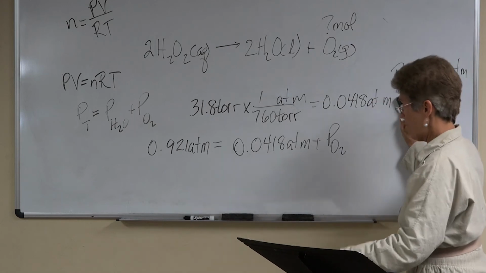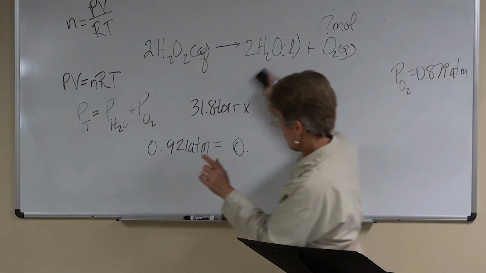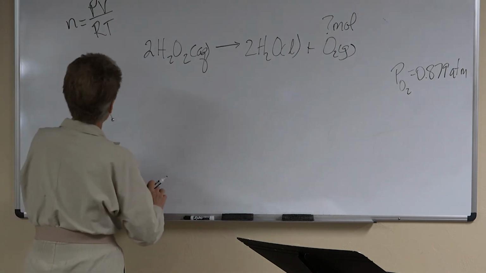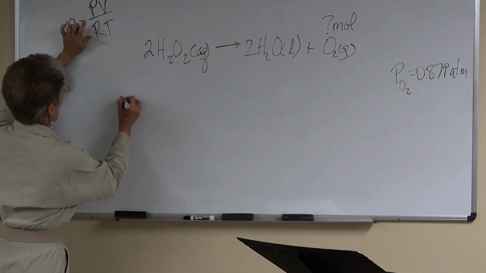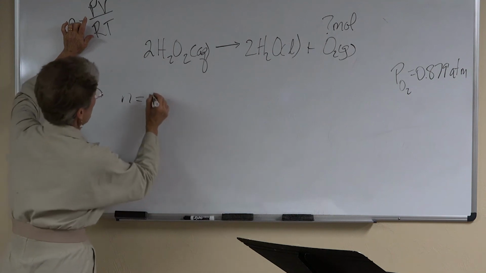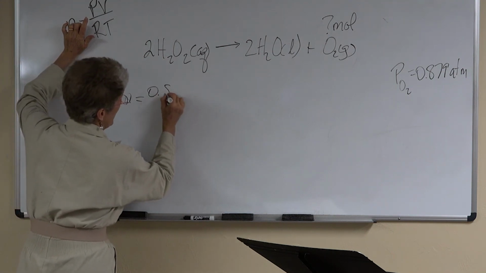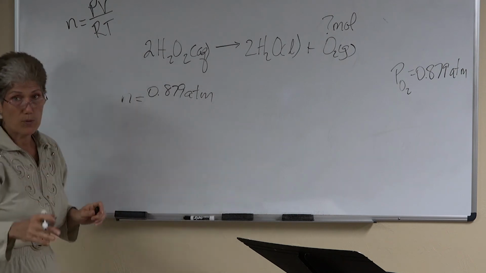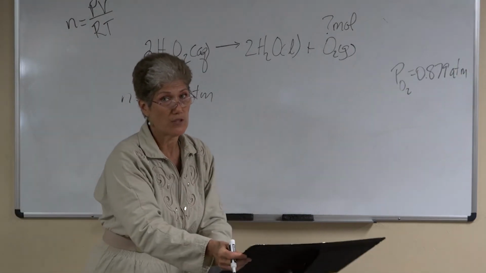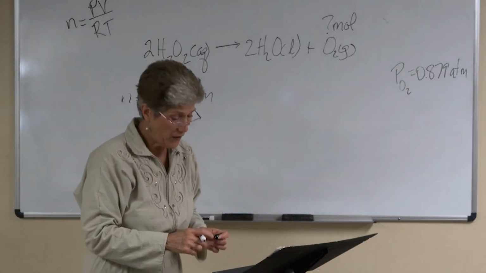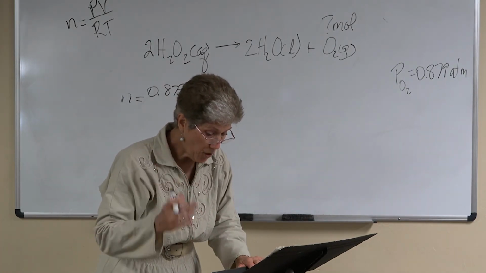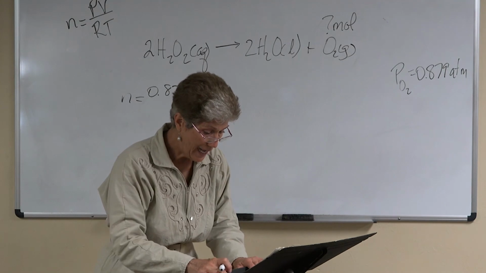Now, we've got the partial pressure of the oxygen, so we can come back over here and start plugging in. So n equals, P for the oxygen is 0.879 atmospheres. See, if you just put in what was given, that was the total pressure, including the water vapor pressure, and that's why you couldn't just stick that in. You had to find the partial pressure of the oxygen to stick that in.